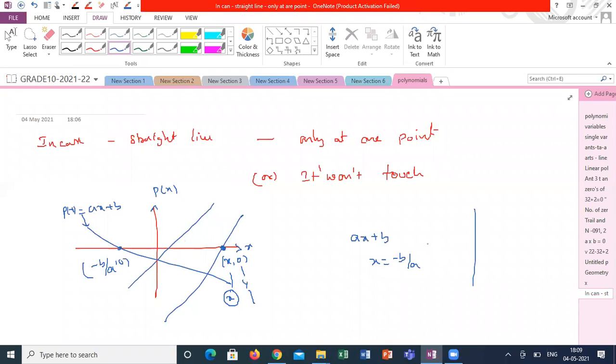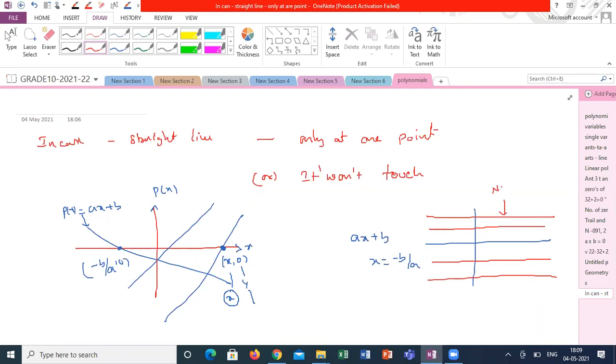Suppose, sir, what is the meaning if the straight line is not touching anywhere on the x-axis? These are the lines; they never touch anywhere on the x-axis, correct? Guys, got it what I'm saying? Yes, sir. The meaning of this is it doesn't have any zeros, no real solutions.